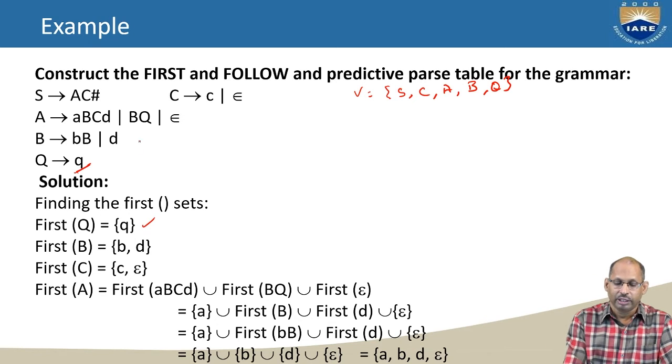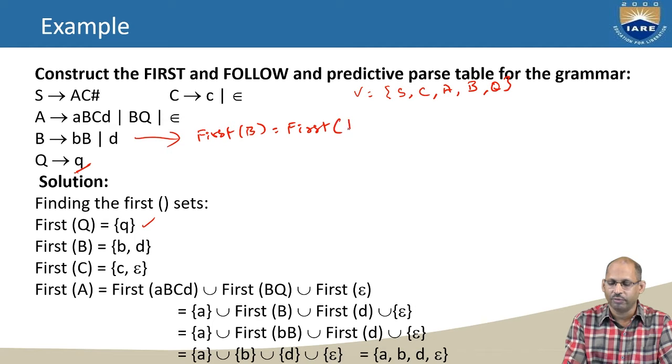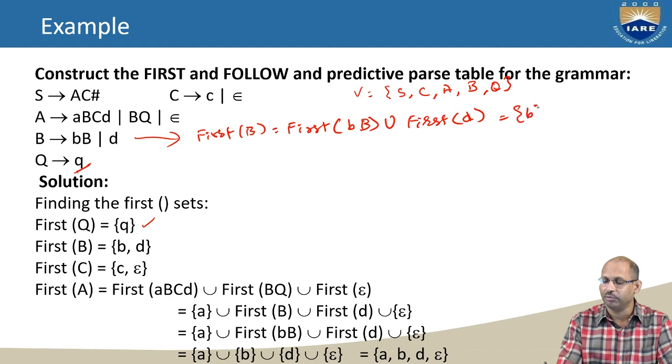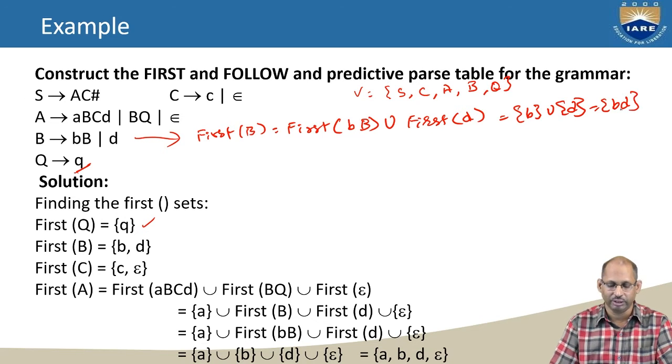Then from this production, first of B is first of b union with first of D, which is giving b union d. So we are ready here.